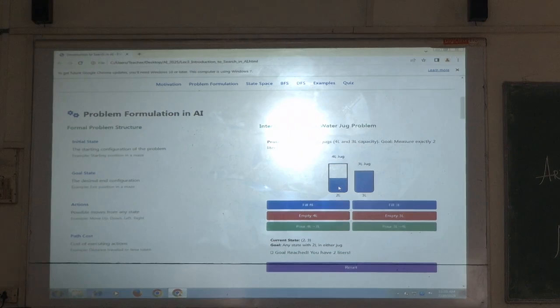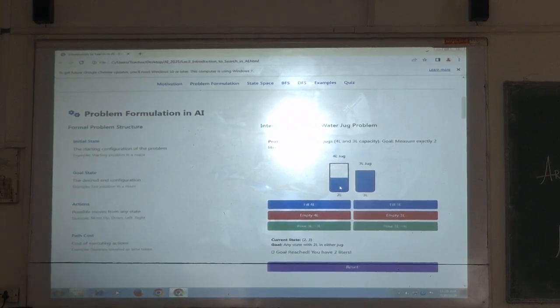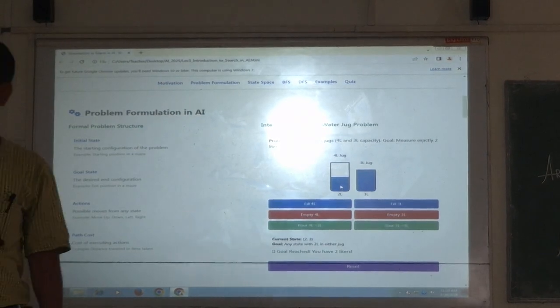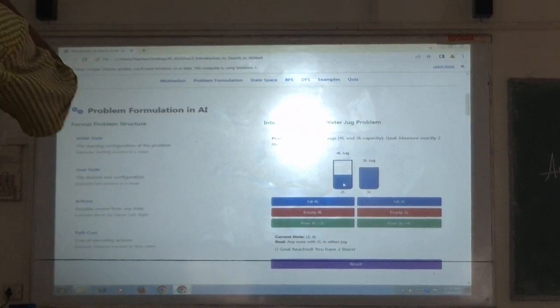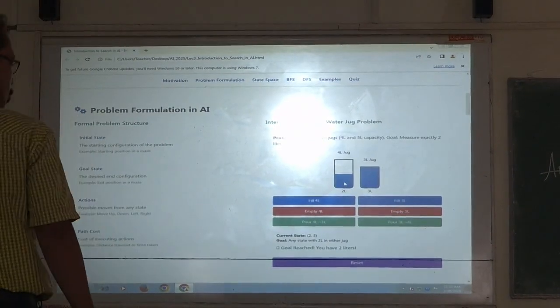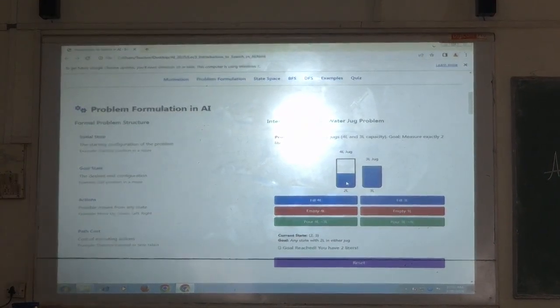So it is now 2 liter. This is also a solution. So here I have reached 2, 0, not 0, 2.